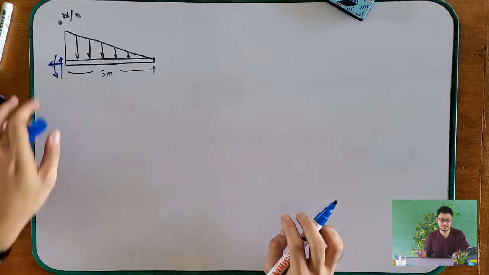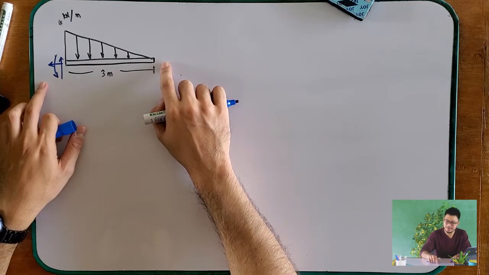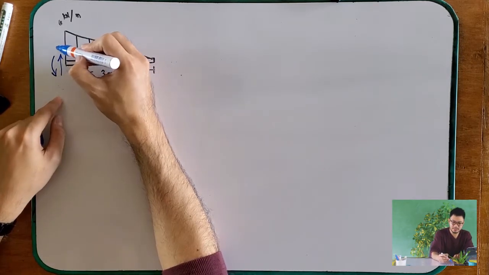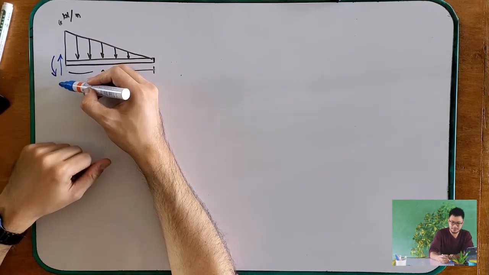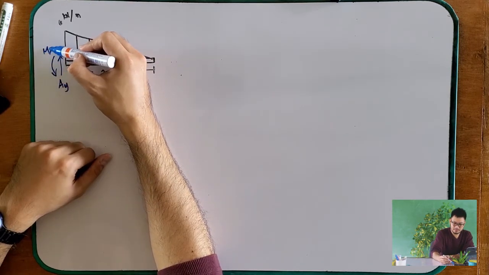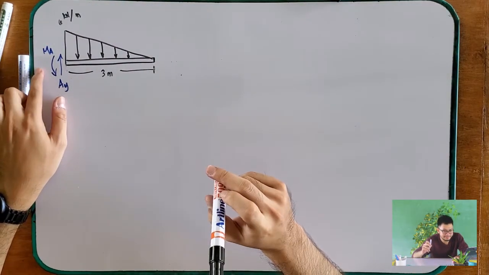But since, as you can see in this case, we don't have any X reactions right here, so we can just erase your X. So, ang nabilin is kana. And let's say this is point A. So, this is your AY and your MA. Okay, so we have to solve for this one.